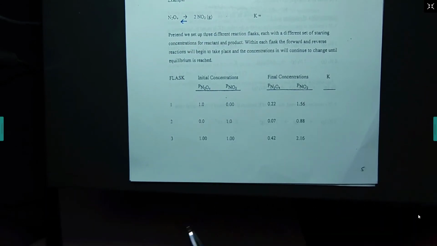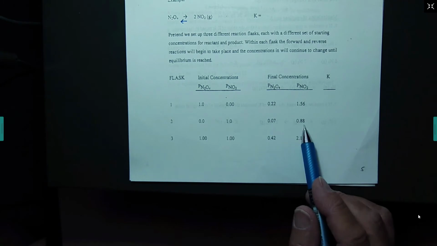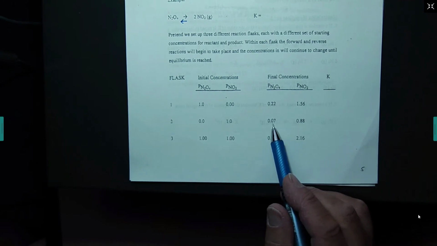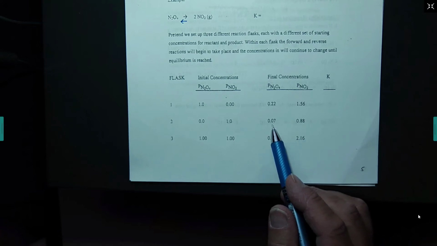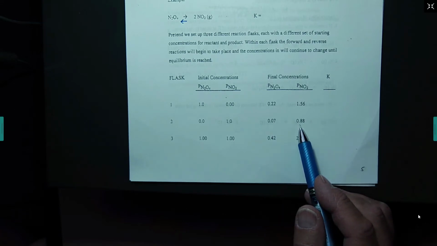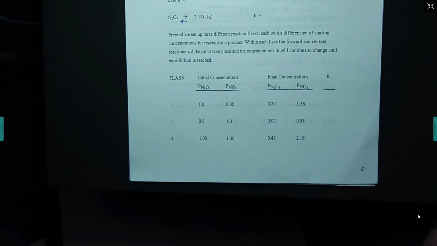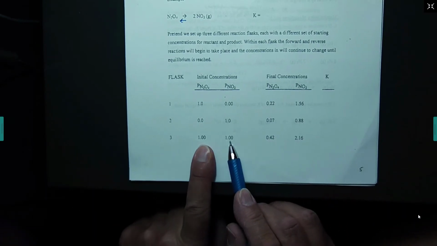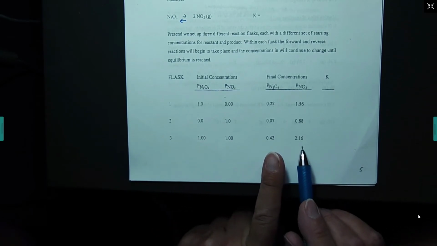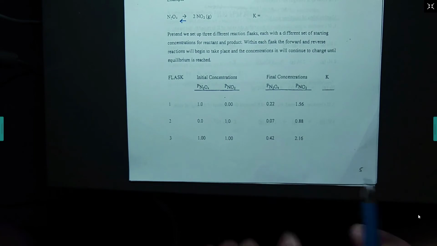It's going to keep doing it until it hits these concentrations. Once you get to these concentrations, the reaction is done. These concentrations are not going to change. You've hit equilibrium. You could start it with 1 atmosphere of each. The reaction is going to continue until you get to these concentrations.